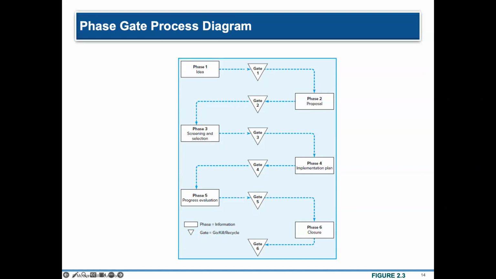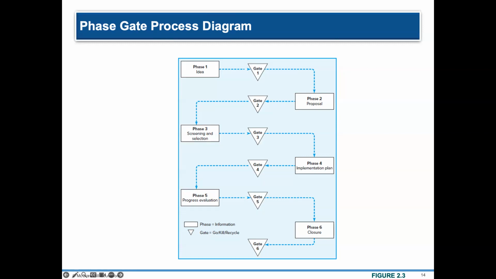If it's a kill, then this particular project or idea is scrapped and you must move on to another idea. If it's a recycle, then the idea is good. You just have to fine tune the details of that particular idea.